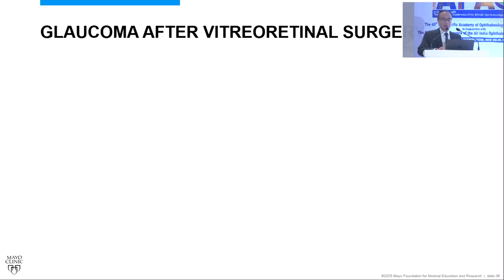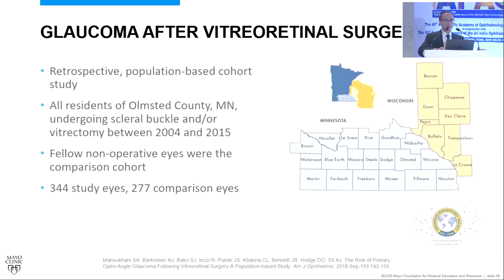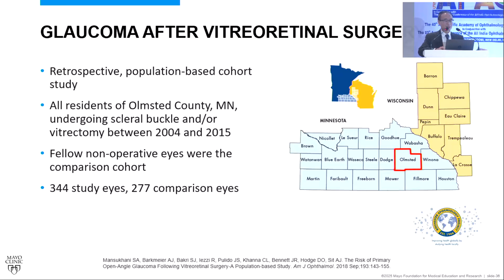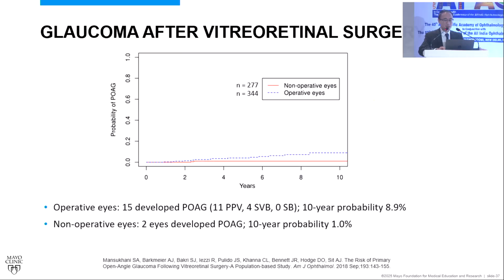So this was actually very supportive of some work that we did earlier looking at the risk of glaucoma after vitreoretinal surgery. And this kind of tied it all together. So we looked at the risk of glaucoma in patients who had either vitrectomy, scleral buckle, or vitrectomy and scleral buckle. And this was a population-based study.